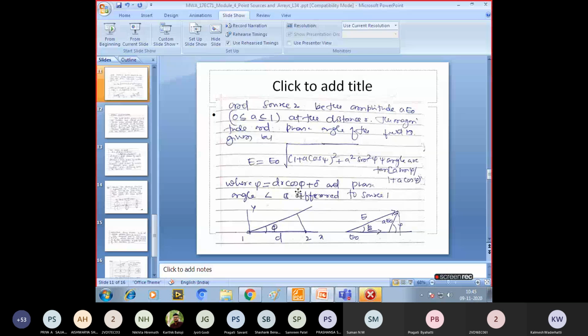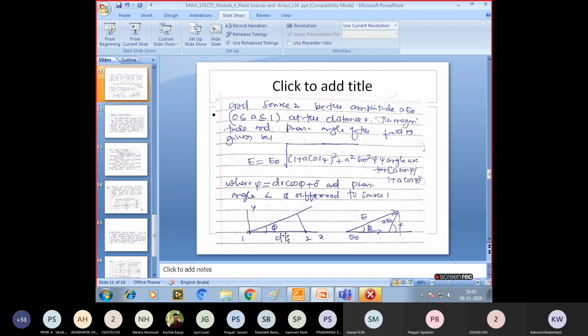Therefore, psi equals d r cos phi plus delta, and the phase angle is referred to with respect to phase 1. Therefore, the two sources are shown. Source 1 is at the origin and source 2 will be at distance d. Here d is lambda by 2 distance.